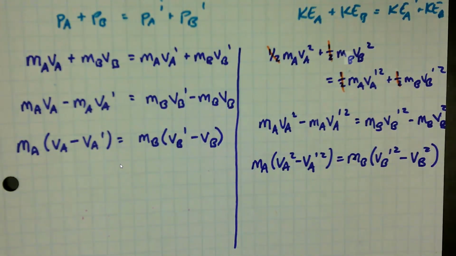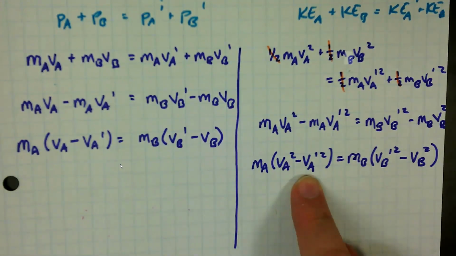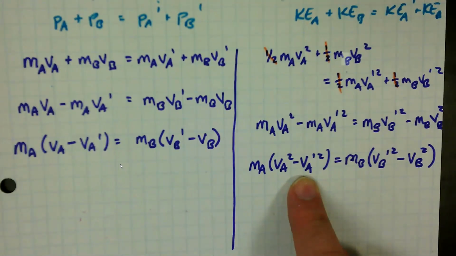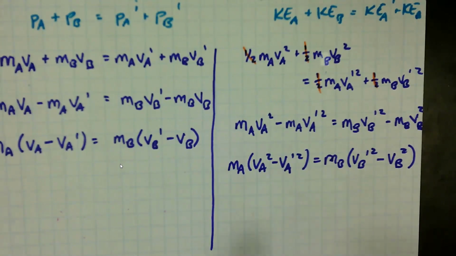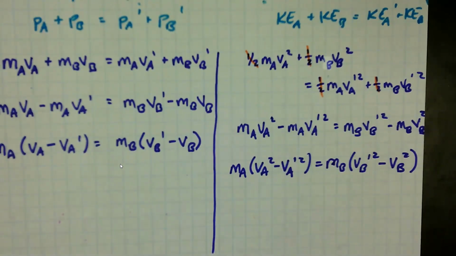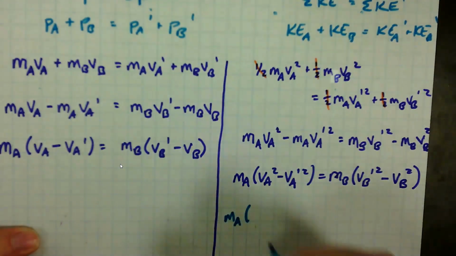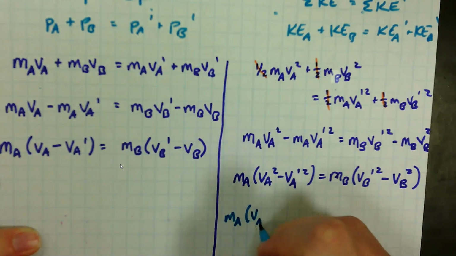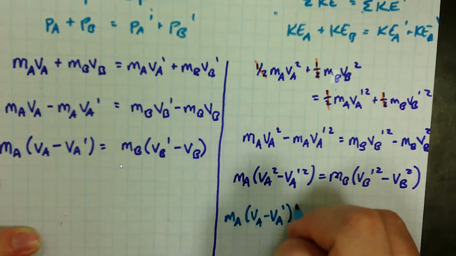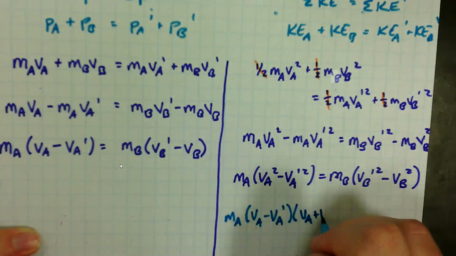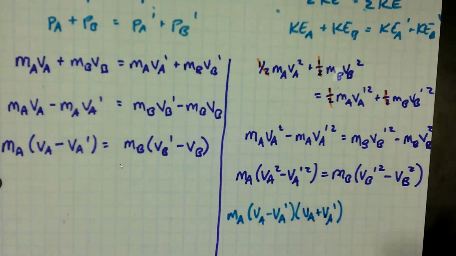We're almost there. This is almost going to turn into something really pretty, but it's not pretty yet. It's pretty ugly right now. You remember how to factor this thing? VA squared minus VA prime squared. How about this? This is a difference of squares, right? So I can say that this is equal to VA minus VA prime times VA plus VA prime.